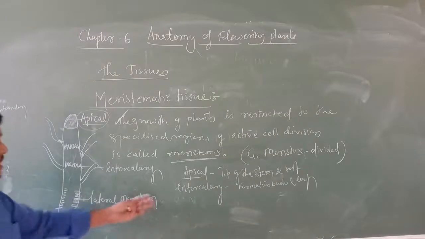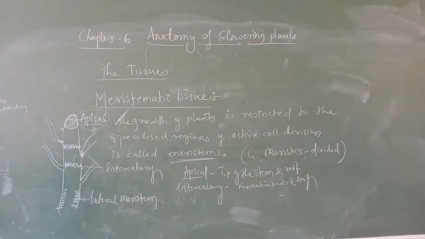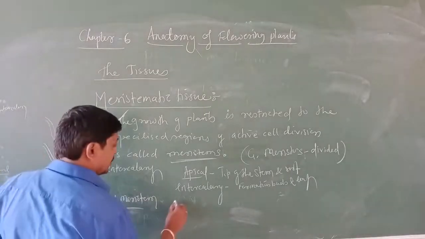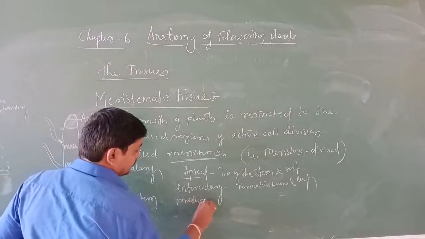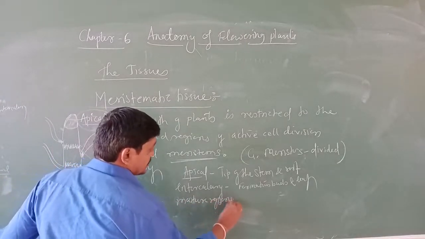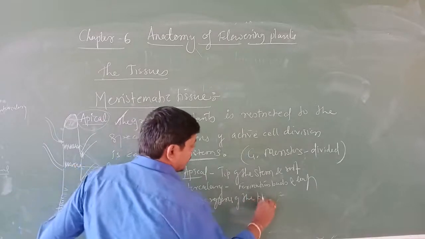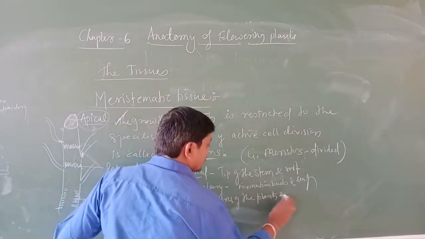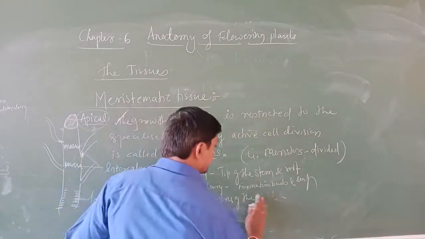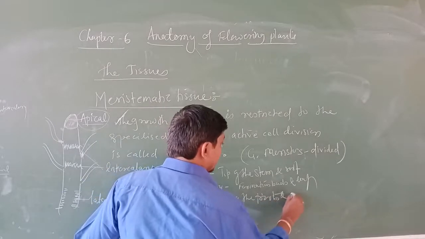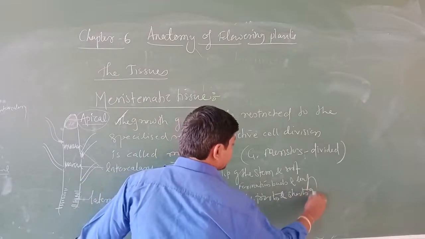The lateral meristem is found particularly in the mature regions of the roots and shoots of the plants.